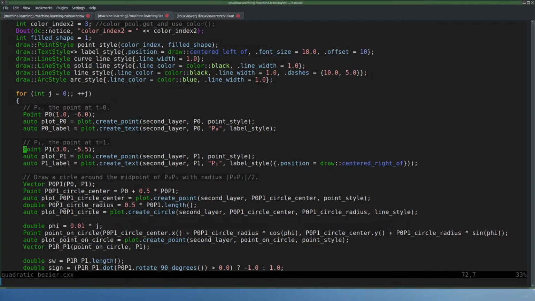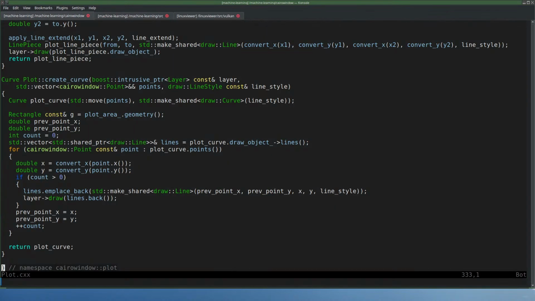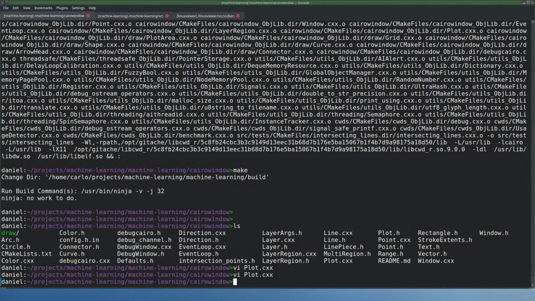So let's fix this. Wait a minute, this is in the other window, I think. Where did I do that? Adding things and dividing by 2. Not here. I did actually, yeah, here.